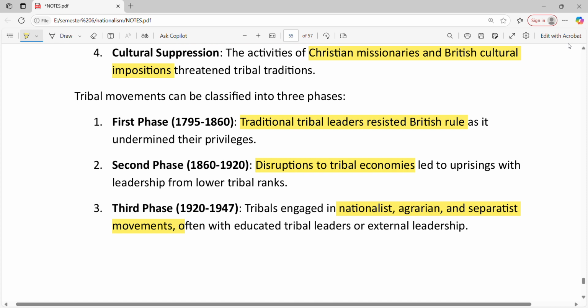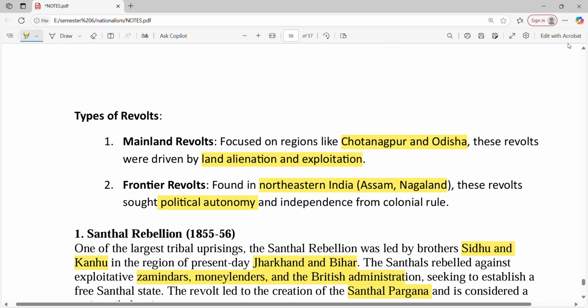There were two types of revolts. Mainland revolts focusing on regions like Chota Nagpur and Odisha were driven by land alienation and exploitation, whereas frontier revolts in the northeastern part of India sought political autonomy and independence from colonial rule.